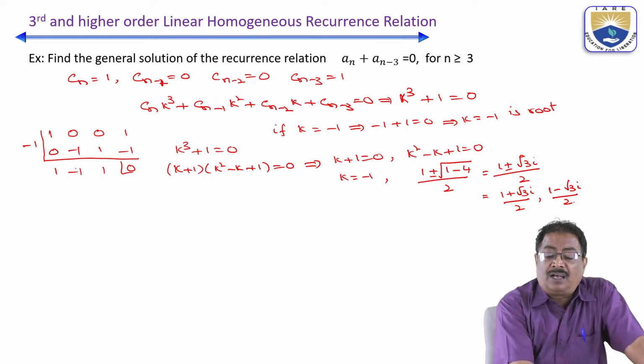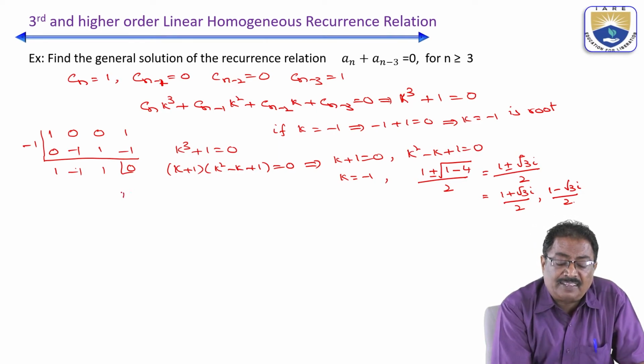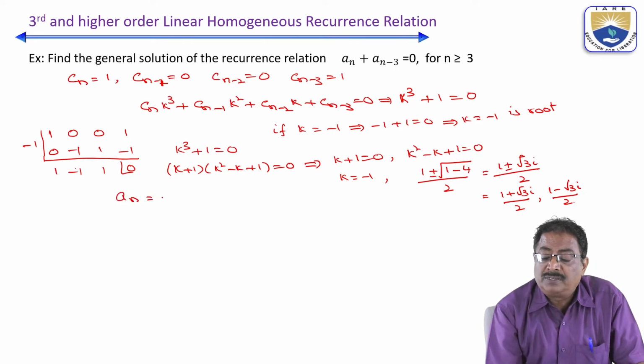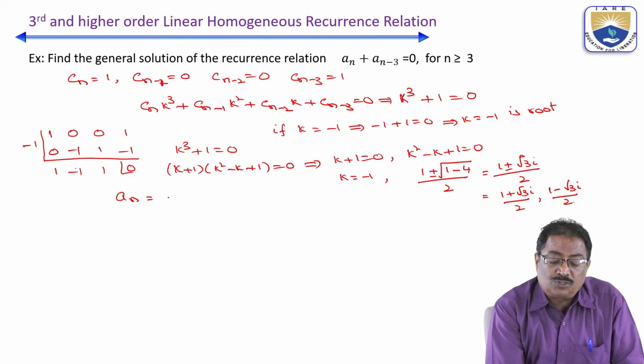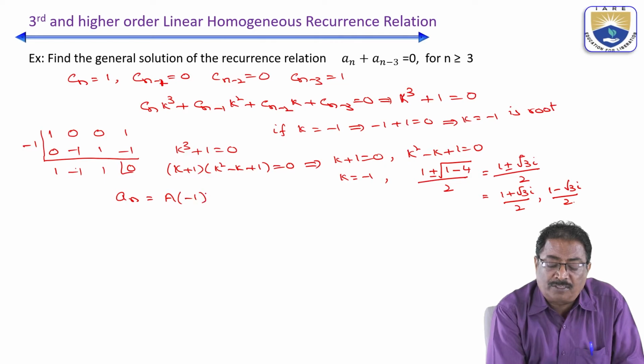Now, what is the solution for this? an is equal to a times k1, that is minus 1 to the power of n, plus b.